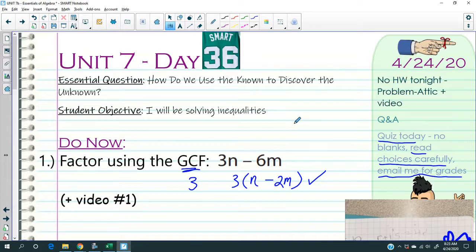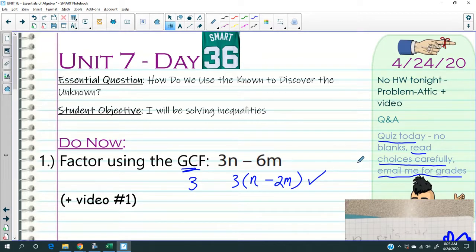So if you want to know what your grades are for the quiz, just email me, all right, and I might be very short in my response. I'm not trying to be abrupt or rude, because I have a feeling I'm gonna get at least 20 emails of people asking me for their grades.